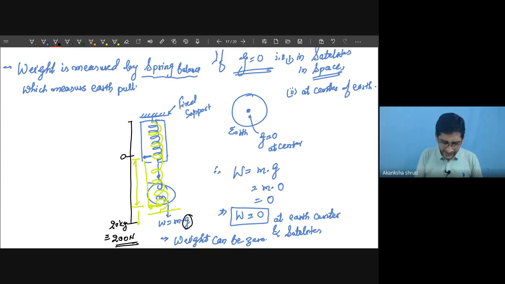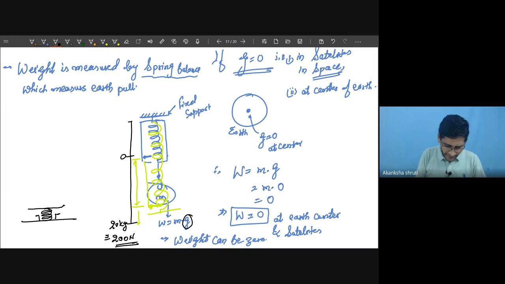There is another way of making this machine. Nowadays, for whatever rice and things that you purchase, the spring is kept below with a certain arrangement.